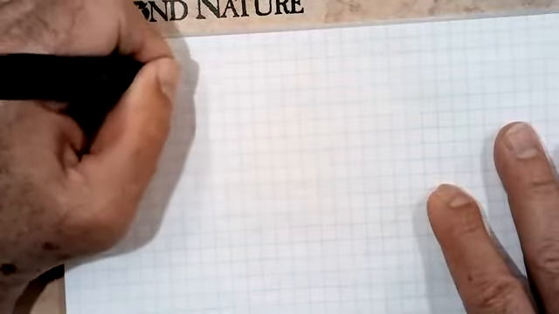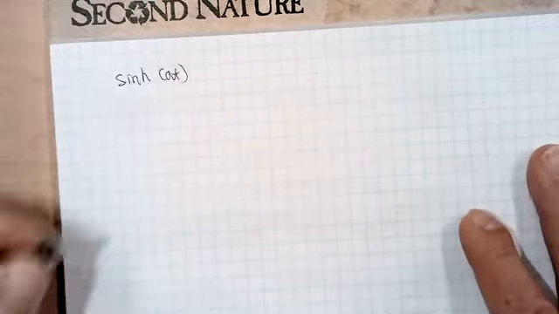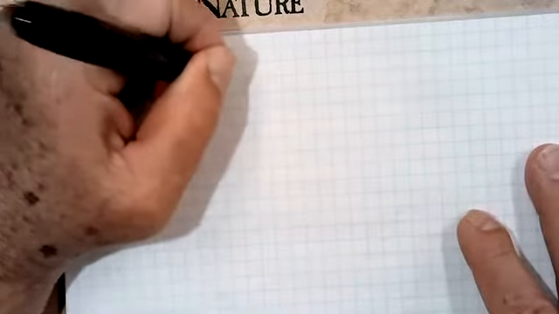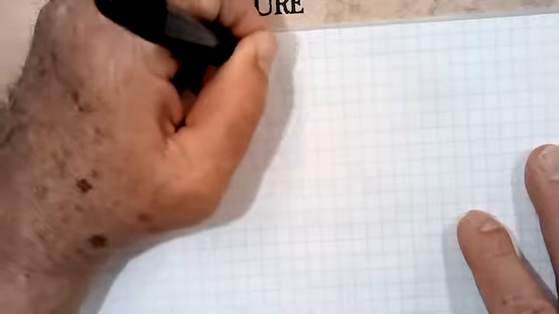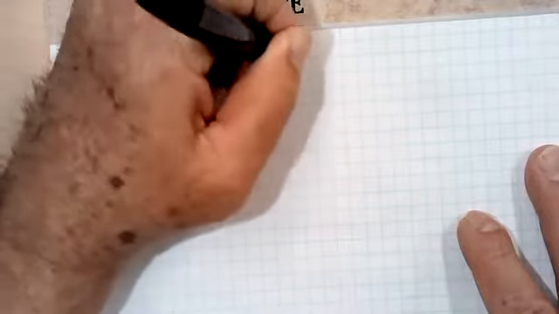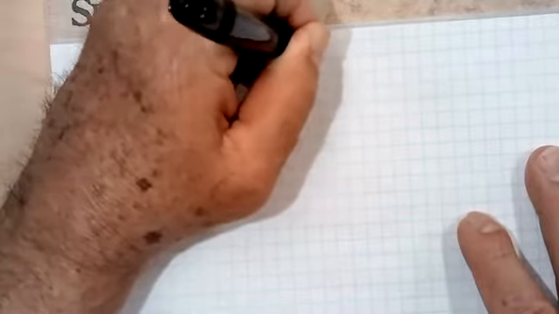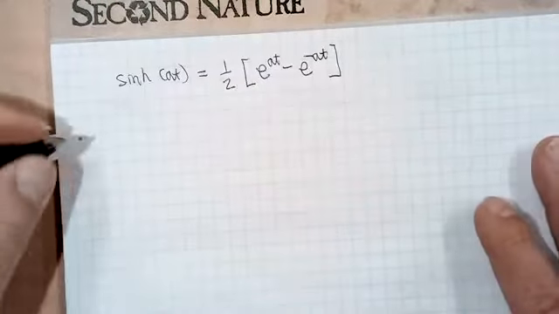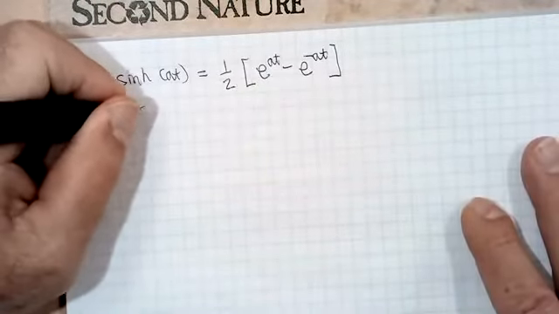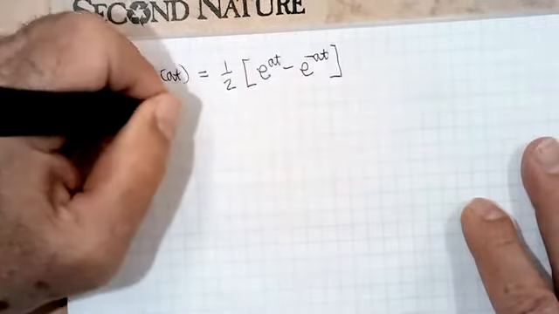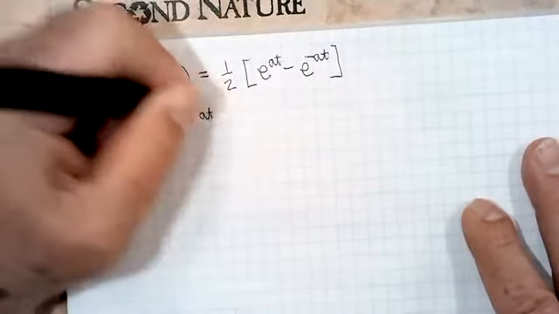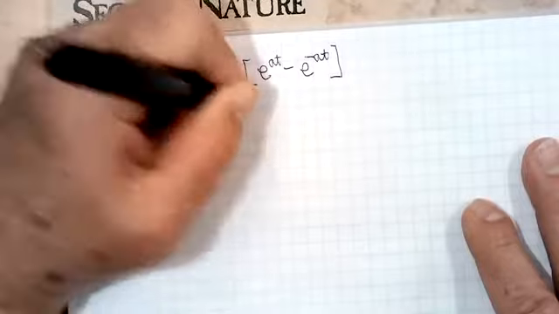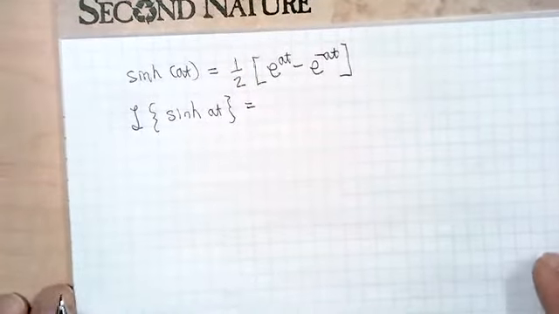Sinh of at is 1/2 of e to the at minus e to the minus at. So the transform of sinh is, now we're using the linearity of the integral.